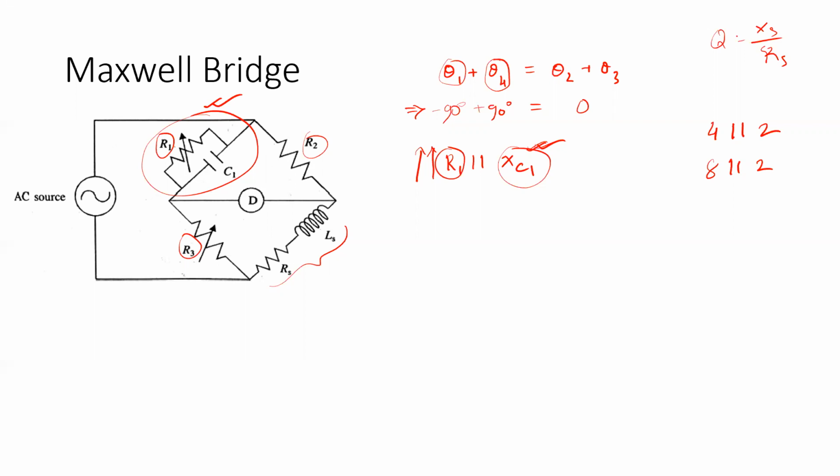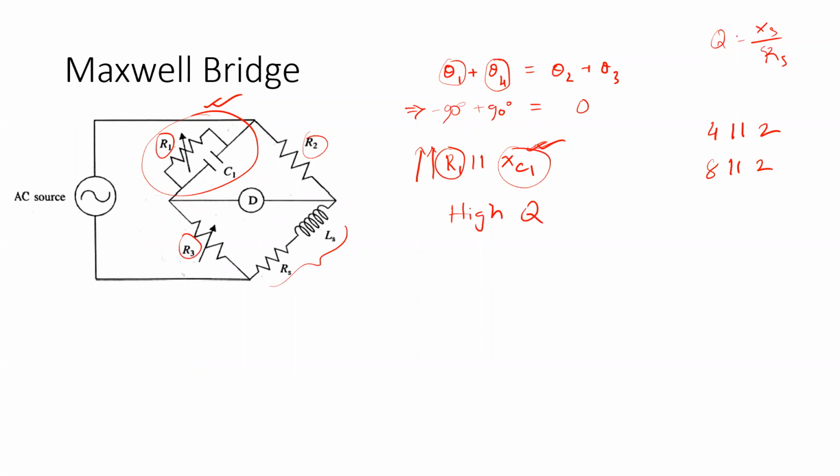So this becomes a negative feature for this particular combination, because when implementing it practically for determining inductance with high quality factor, due to unavailability of very high range potentiometers or variable resistors, this limits the use of this particular bridge in case of high Q value of an inductor.